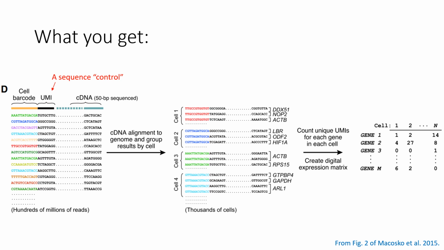After sequencing, you have hundreds of millions of reads. How do you make sense of it? The DNA has a cell-specific barcode that it picked up from the particle it was attached to, so reads can be sorted by cell. There is also a unique molecular identifier, or UMI, which is another short barcode that tags each fragment prior to PCR.